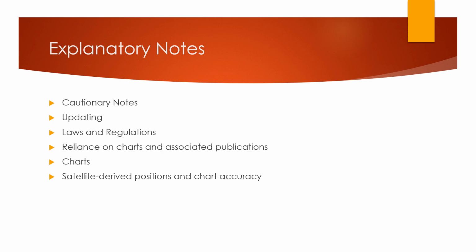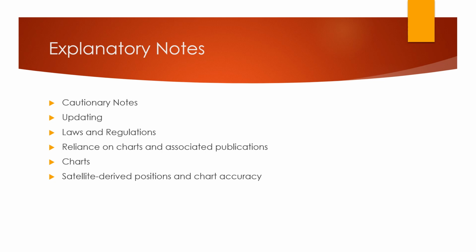And if you select a very small scale chart, then you will lose essential information. So whether it's paper charts or electronic charts, always use the appropriate scale of the chart, which highlights the required navigational features as well as doesn't overclutter your chart or your position on your track, and you can take the ship safely.